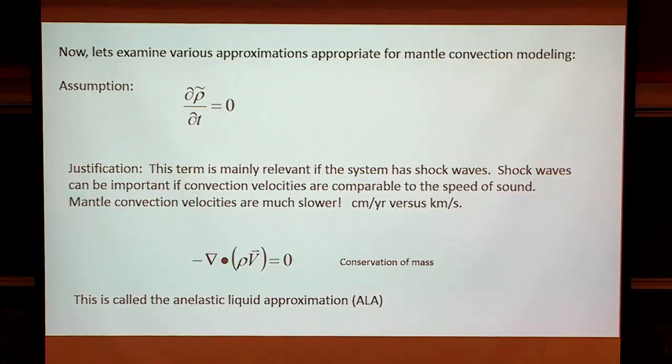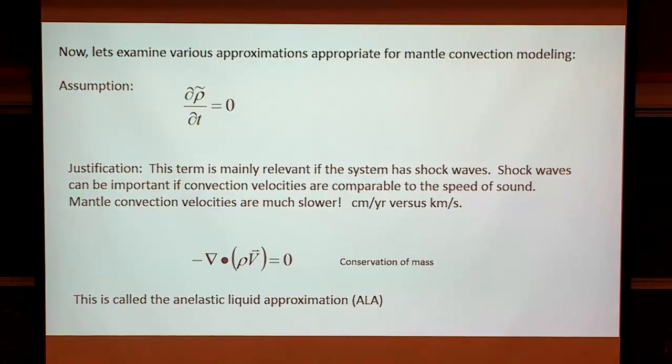for mantle convection. The first assumption that's often made is we say that this change of density perturbation with time equals 0. The justification for that is that this is mainly important if your system has shock waves in it. And fluid dynamics usually only has shock waves in it if the convective velocities are on the same order as the speed of sound.